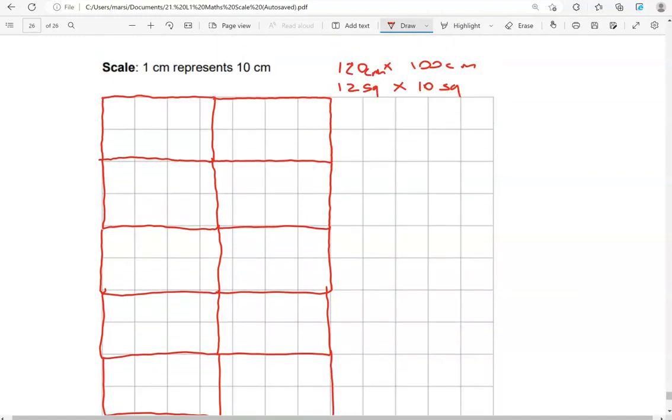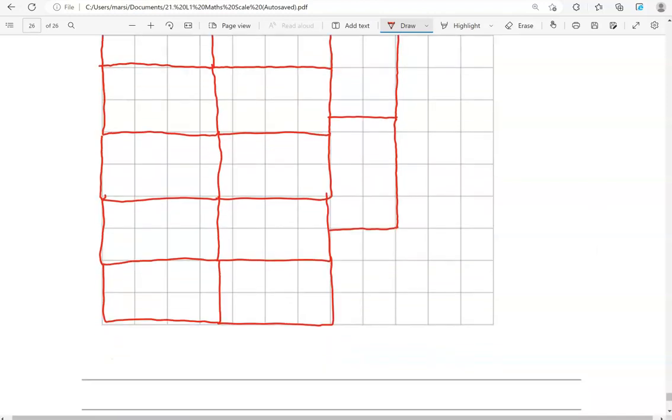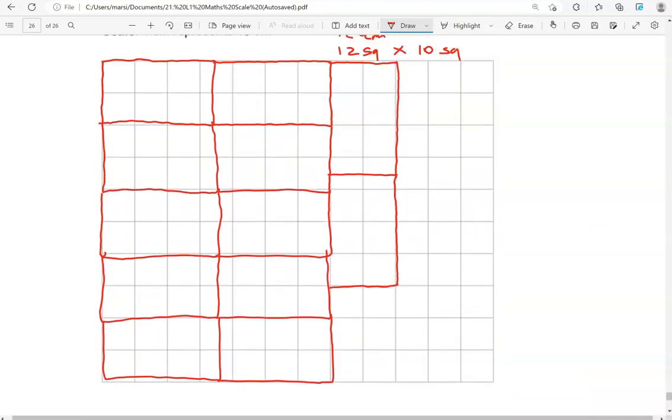To try and maximize the number of these patches we can get, I'm going to go down this time, so 2 by 3.5. So again, 2 by 3.5. 2 by 3.5.